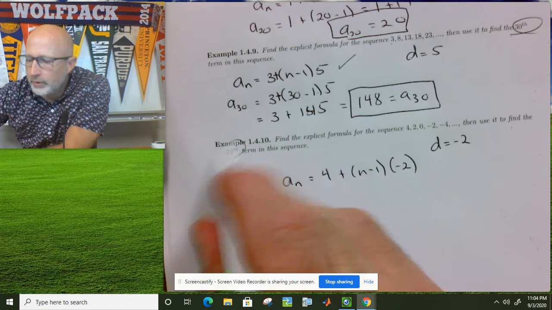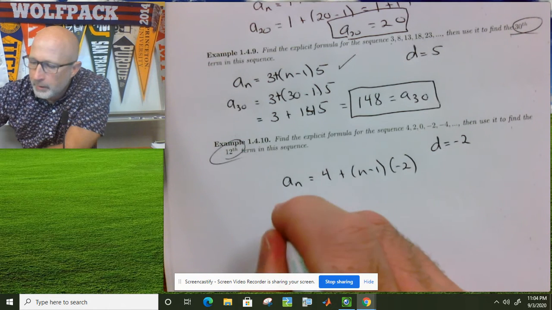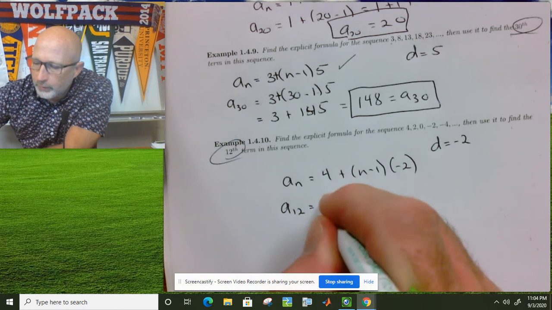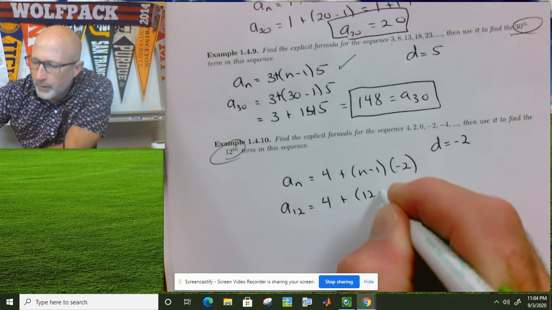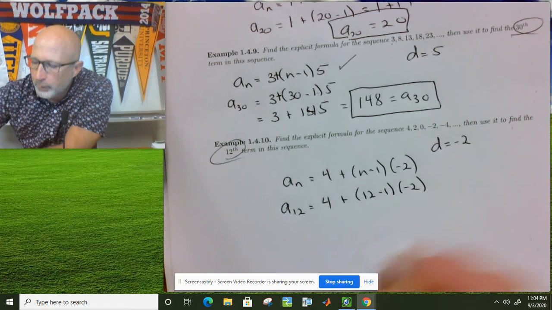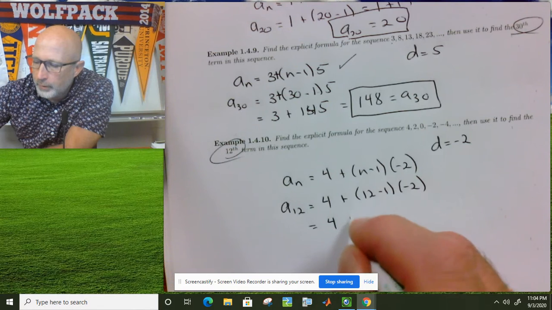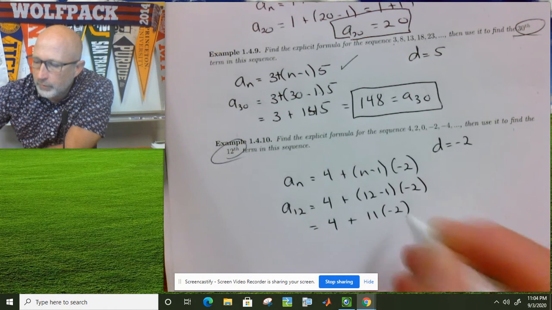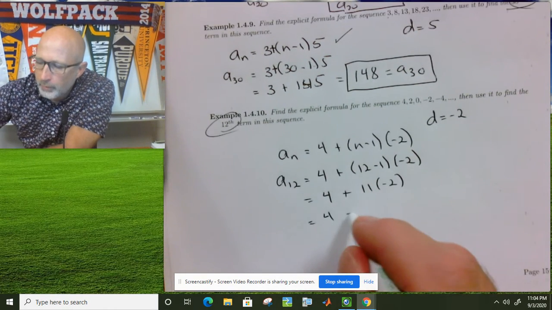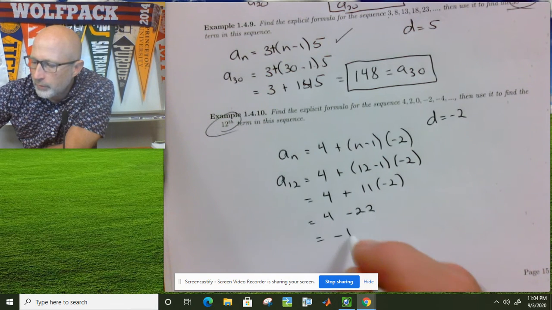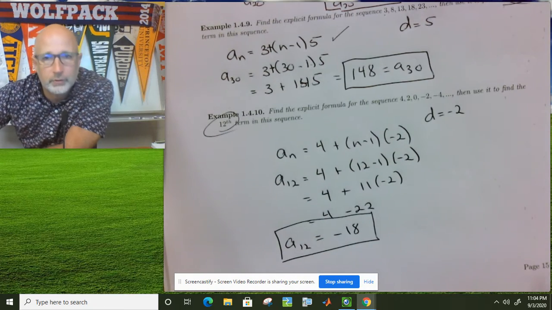Now we need to figure out the 12th term. So a of 12 is equal to 4 plus 12 minus 1 times negative 2, which is 4 plus 11 times negative 2, which is 4 minus 22, which is negative 18. So the 12th term of that sequence is negative 18.